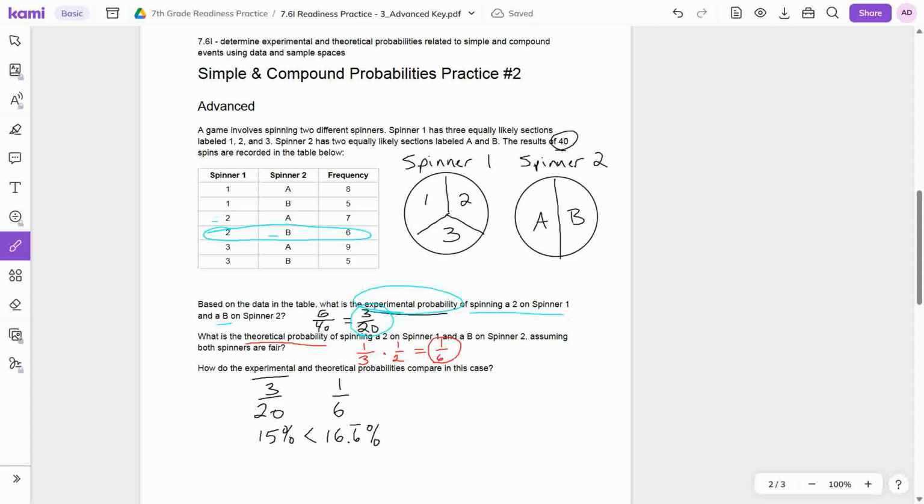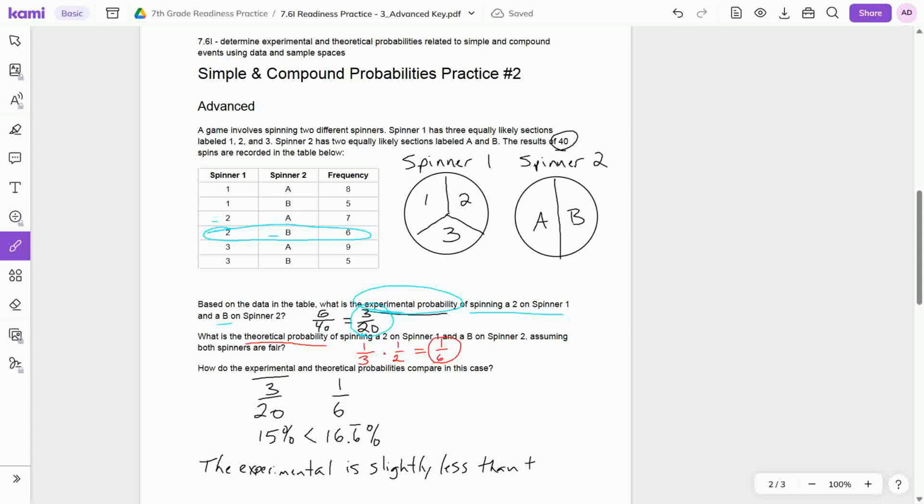And so we can write a statement. We can say that the experimental, that's what actually happened, right? When we did our trials, is slightly less than the theoretical probability.